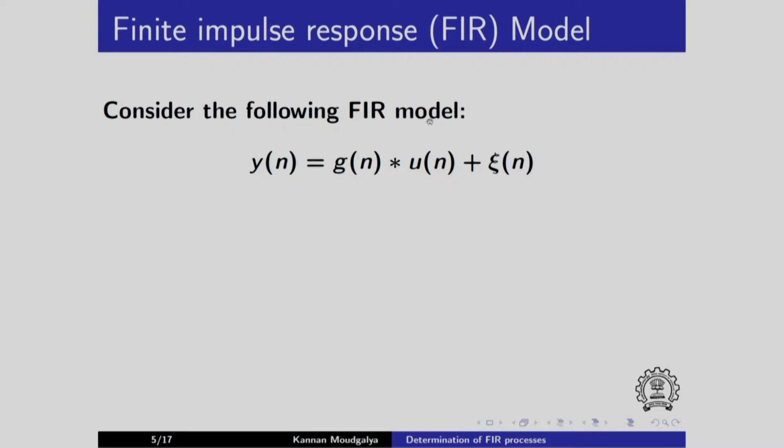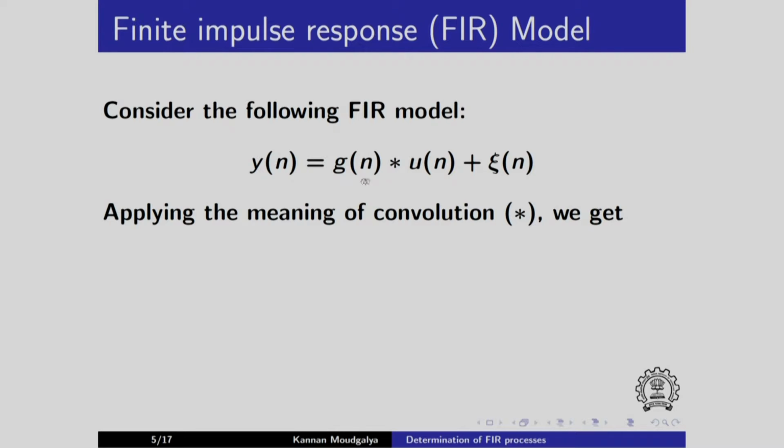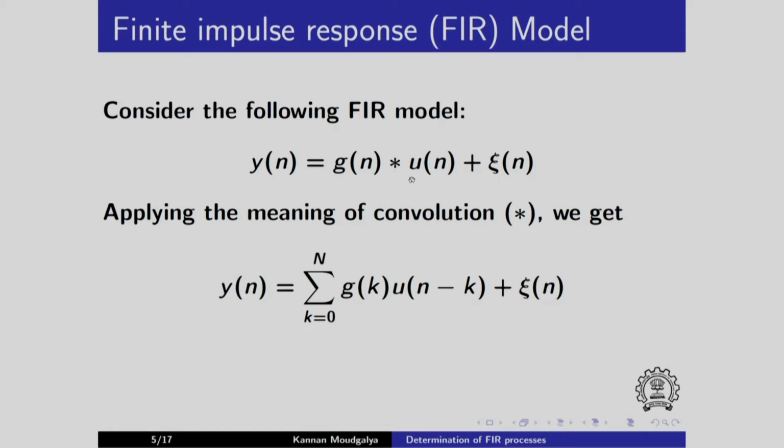Now let us consider the following FIR model, where we have used finite impulse response model. In other words, this G has a finite number of non-zero entries. Let us apply the meaning of convolution.